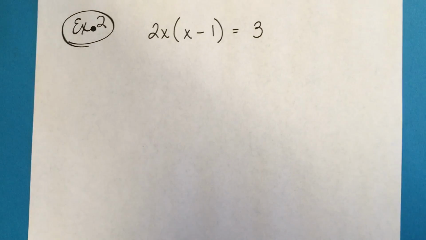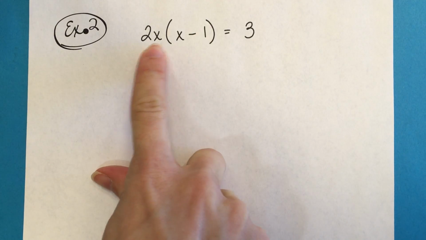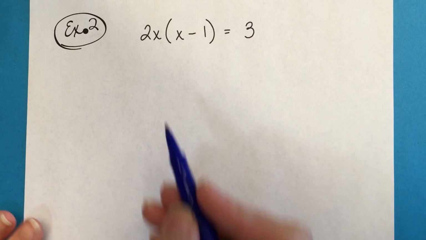All right, looking at one more using the quadratic formula. The first thing that I'll have to take care of with this problem is getting it in the correct form. I need to set it equal to 0 like before, but I also need to apply the distributive property so that I can have my quadratic in descending order.